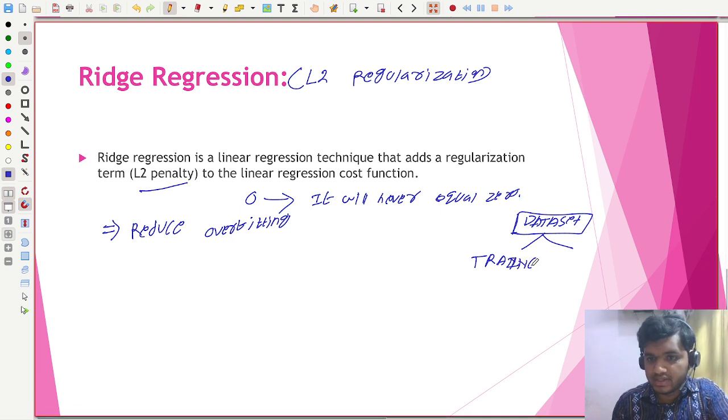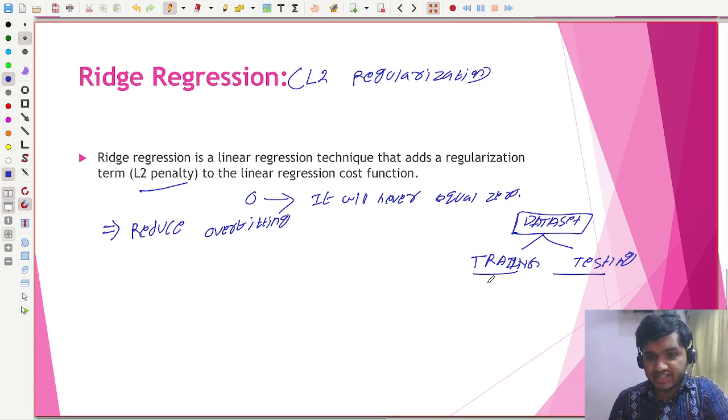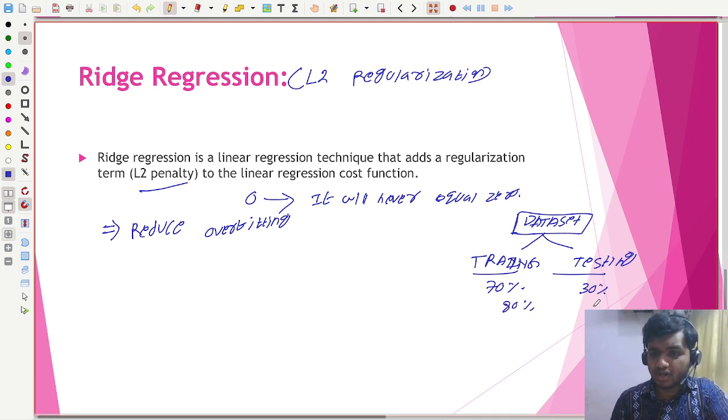Always remember for dividing the dataset, the training and testing ratio is 7 to 3 or 8 to 2. That is training for 70% and testing for 30%, or 80% and 20%.